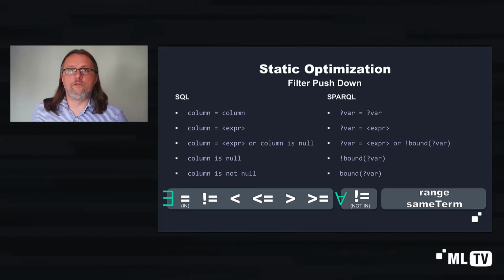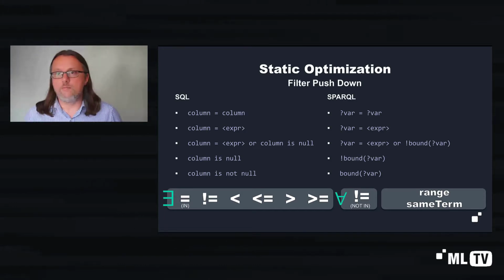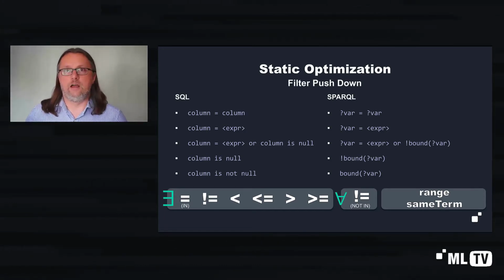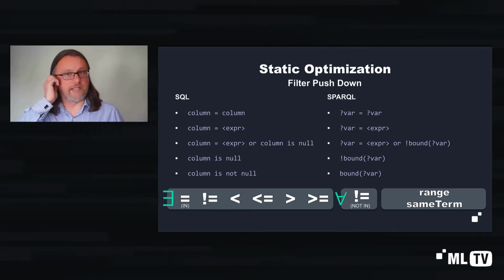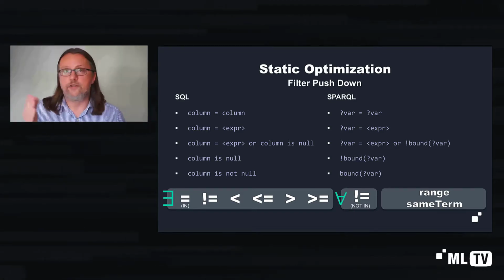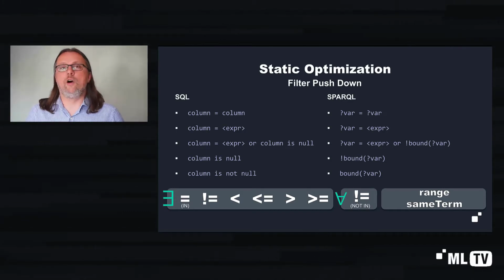Now the most obvious kind of expression that can be pushed down is column equals column, or column equals expression, where that expression may or may not use the value from other columns. And column equals column, or in fact any kind of operator instead of equals, any of those operators along the bottom of the screen, that will usually get turned into a join condition. Often those columns will be from different sides of a join, and that will make it a join condition.